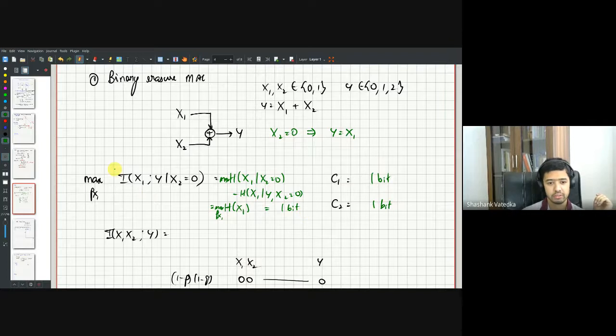Now what if X2 equal to 1? The silent symbol is not 0. When user 2 is silent, it always transmits symbol 1. In this case, what is the mutual information equal to?